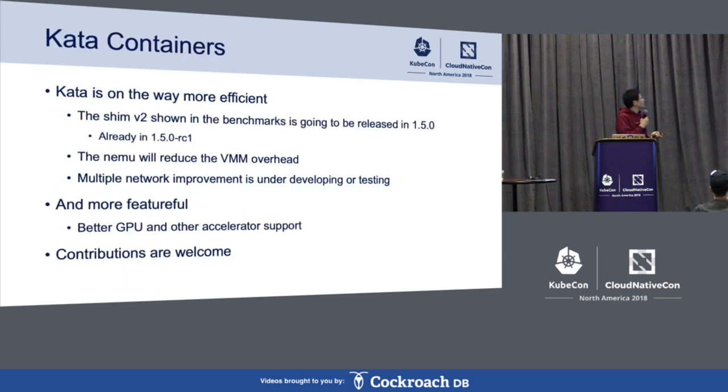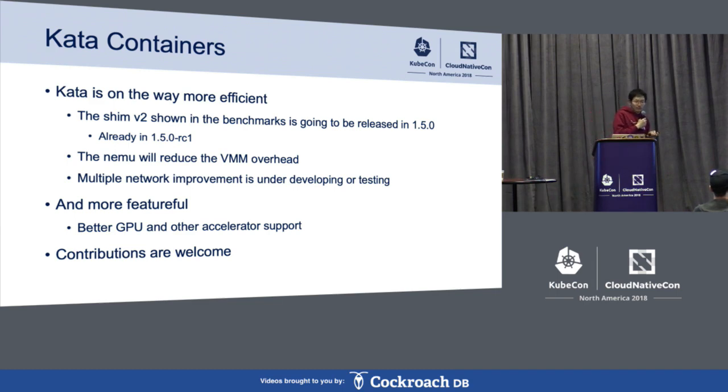So about the future for Kata Containers, the ShimV2 part I have already merged, and it's already in 1.5 RC1, and it will be released in 1.5. Also NEMU is introduced to reduce the VMM overhead.